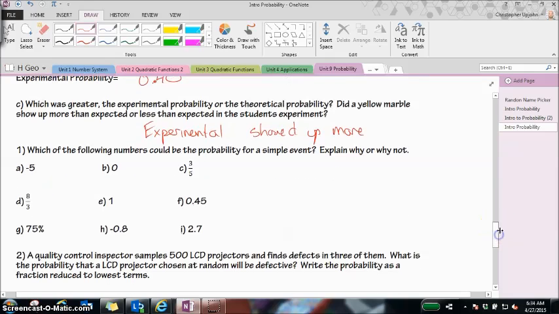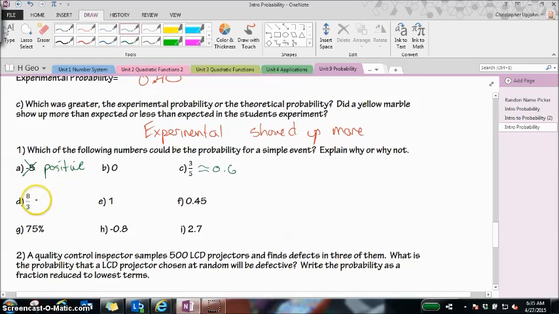Which of the following numbers could be a probability for a simple event, for one little thing? -5? No. Probabilities have to be positive. 0? Yeah, means it's not going to happen, but it's still a probability. 3 out of 5? 0.6? Yeah, that's fine.